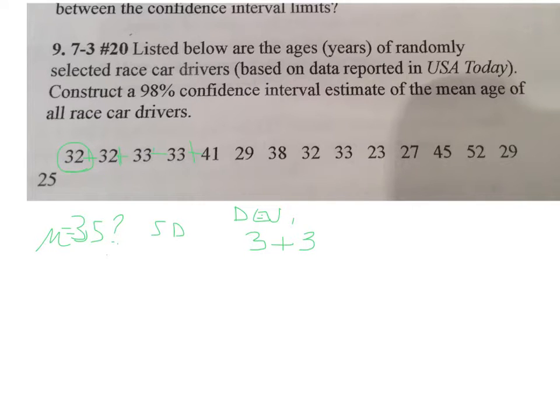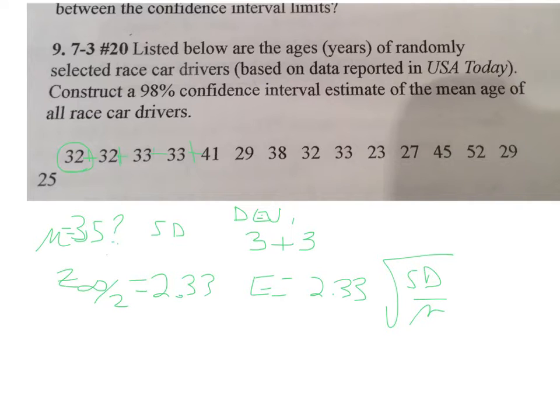Once you've got that information, then finding the 98% confidence interval, the z-score that you want for the 98% confidence interval is 2.33. So your error calculation here is going to be 2.33 times the square root of your standard deviation over n.